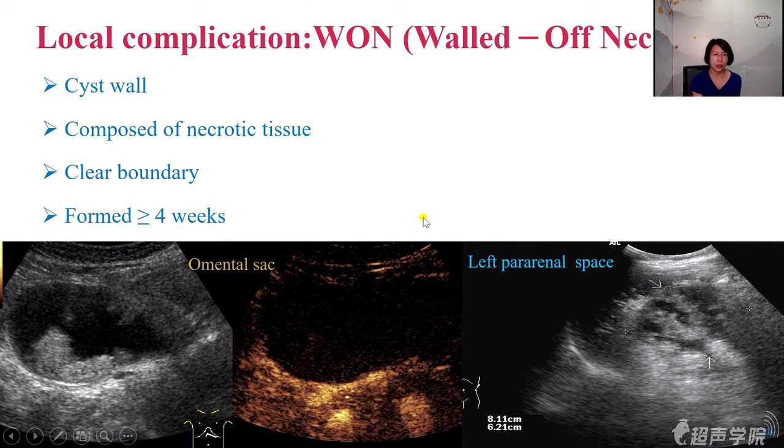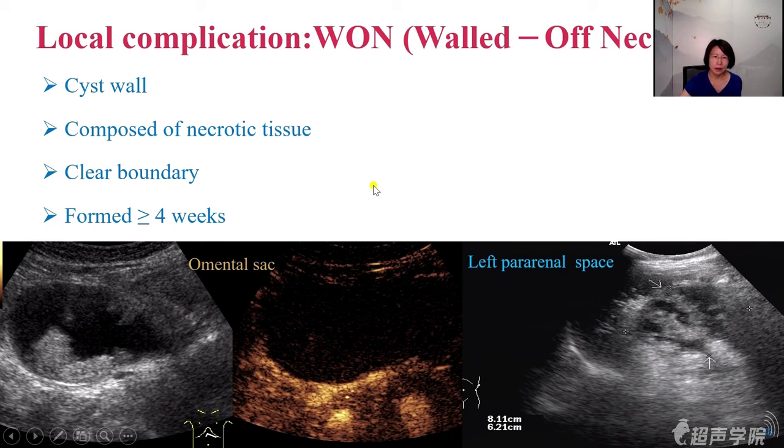The fourth local complication, WON, it formed after 4 weeks. It has a clear wall and is composed of necrotic tissues. The left image shows you the WON in omental sac. The right image shows you the WON in left perirenal space.